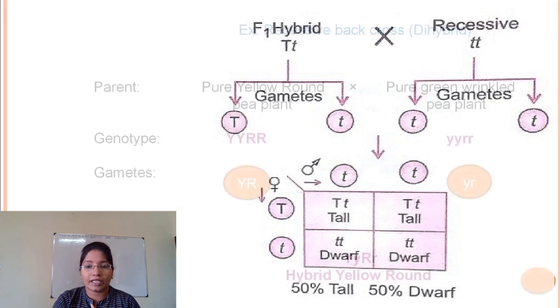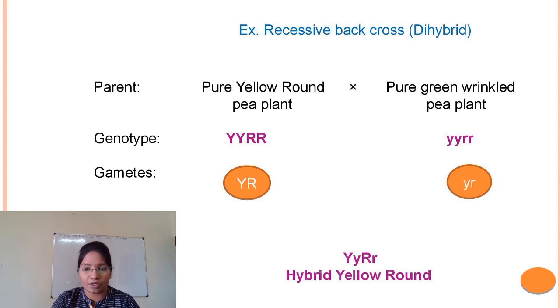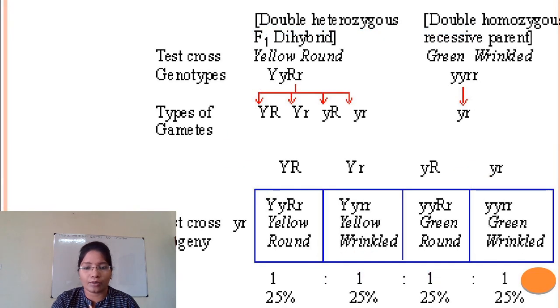And if we take the example of a dihybrid test cross, when a pure yellow round pea plant is crossed with a pure green wrinkled pea plant, in the F1 generation we get hybrid yellow round as usual. When this hybrid yellow round is crossed with the recessive parent, green wrinkled, in the F2 generation we get all possible phenotypes: yellow round, yellow wrinkled, green round, and green wrinkled, in 1:1:1:1 proportion.